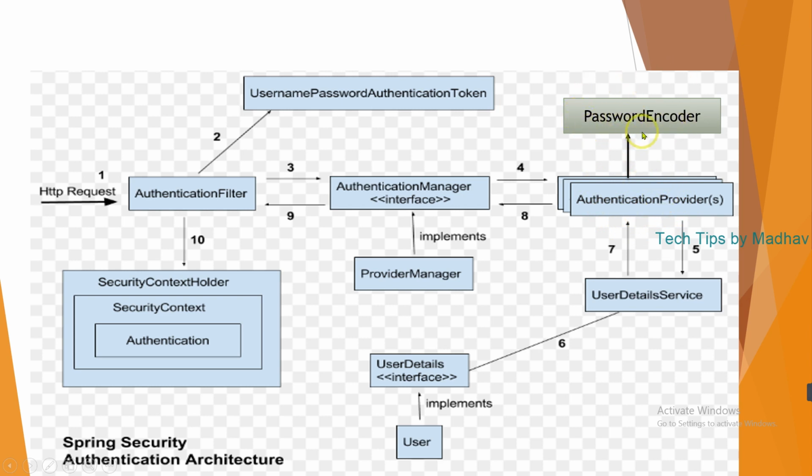If you have not provided any password encoder, the authentication provider will go with the default password encoder mechanism. If you provided a specific password encoder, it will consider that. And if you're not interested in encoding and want to go with plain text comparison, in such a case we need to provide the no password encoder class. I will show you all this with an example.